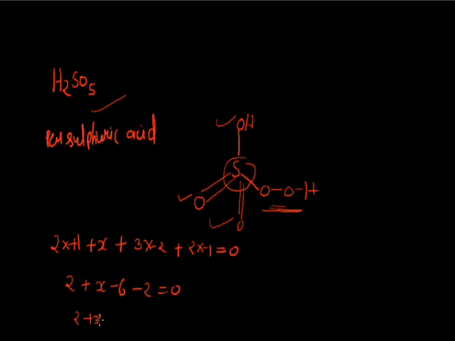So 2 plus x minus 8 equals 0, or x equals plus 8 minus 2. So x becomes plus 6. So we can see that in this example, the OS of the sulfur becomes plus 6.